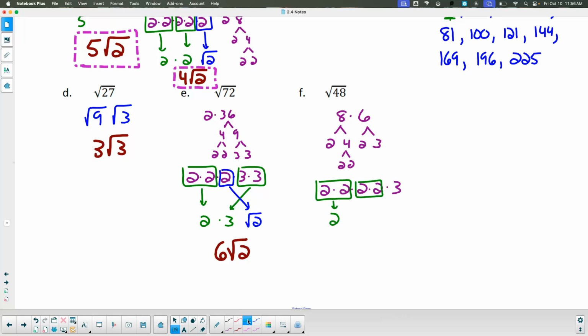There's a pair. There's a pair. Not a pair. Doesn't get out. So 2 times 2 is 4. So this is 4 square roots of 3. Good stuff. Okay?